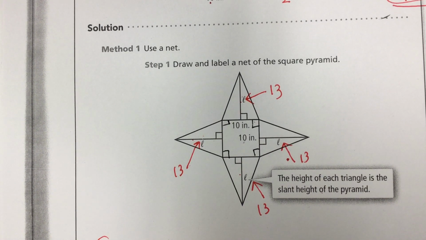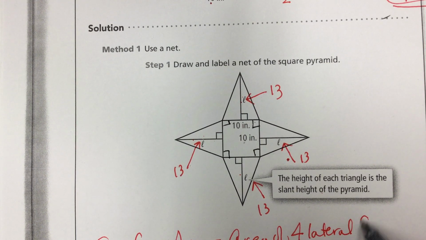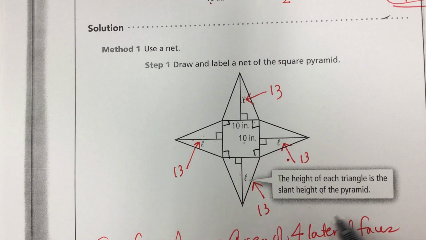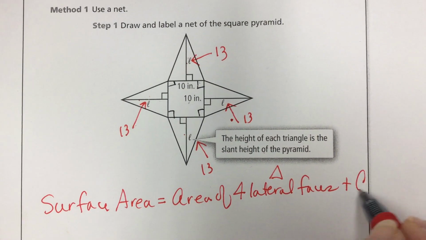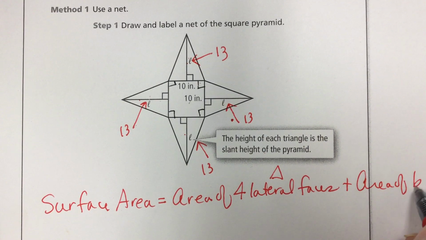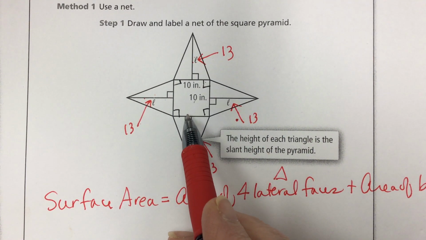So I'm going to write this. The surface area is equal to the area of the four lateral faces, those are our triangles, plus the area of the base. We're going to start out finding the area of the base.